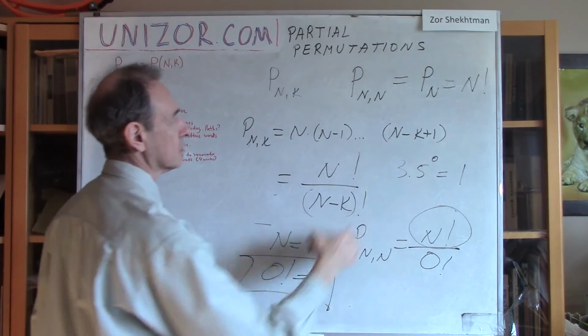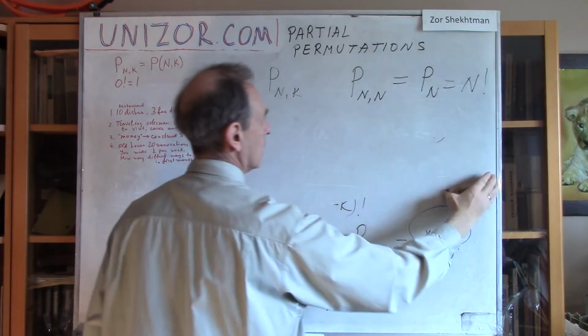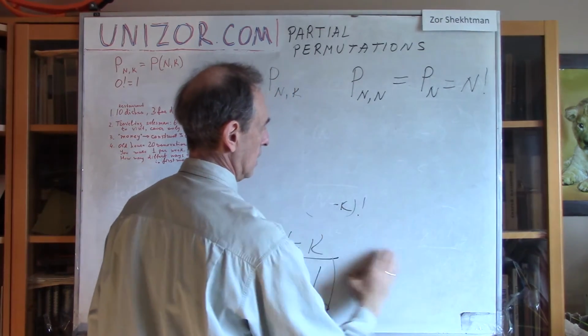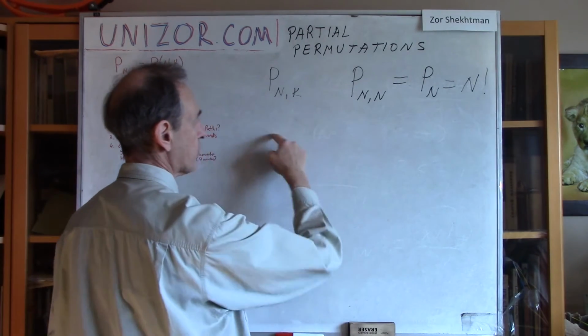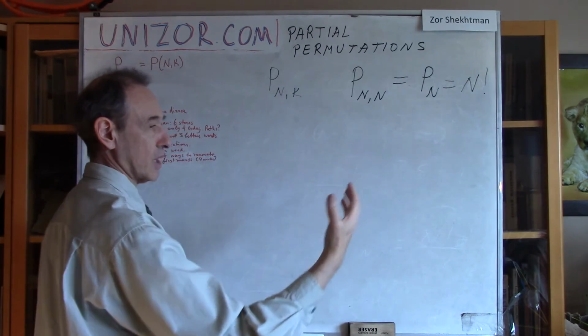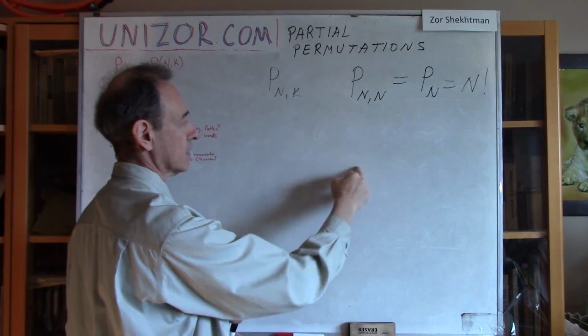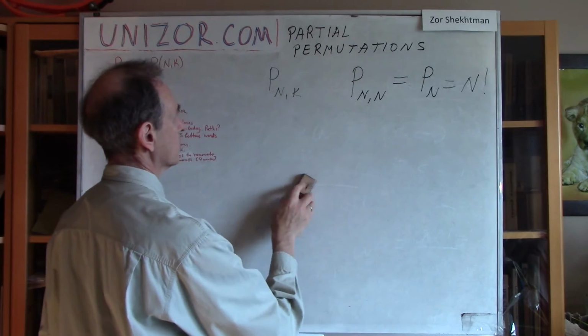With this definition, this is true, and there is no problem with any formula using the product from n to n minus k plus 1, or using a shorter formula, n factorial divided by (n minus k) factorial. Well, this is the theory of partial permutations.